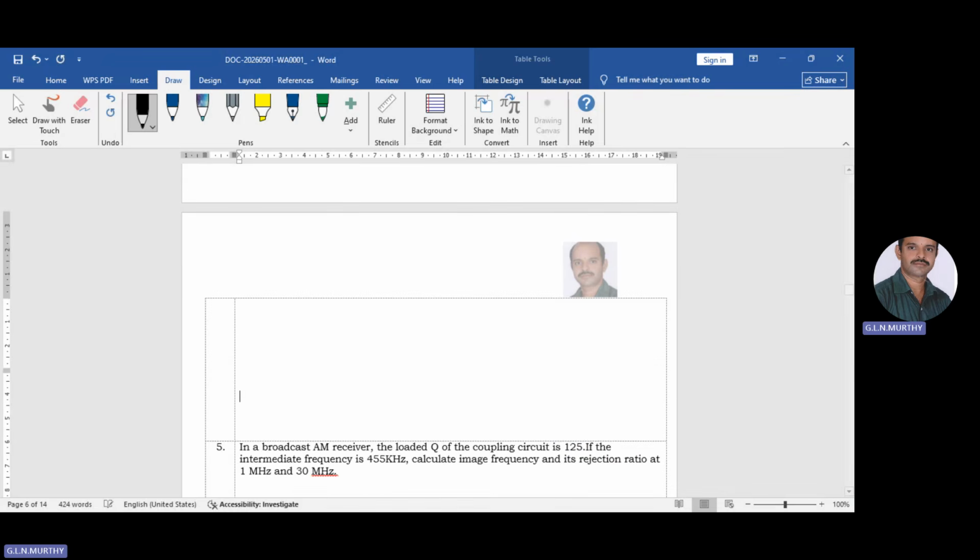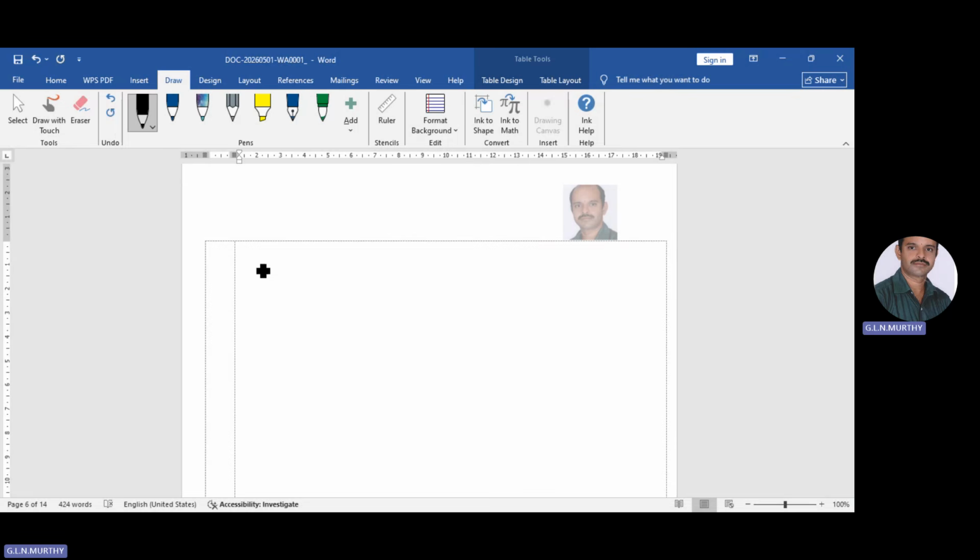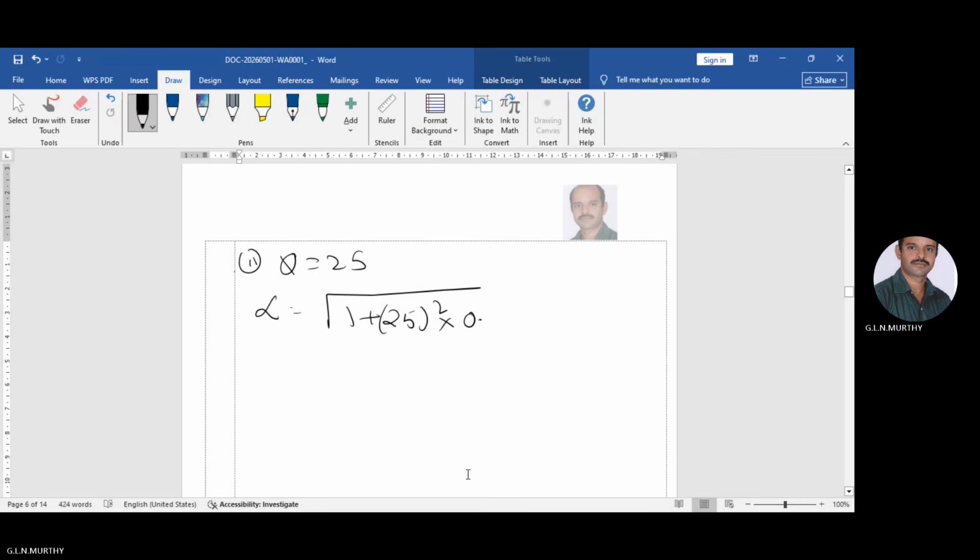Case 2, the Q value is 25, and everything else is the same. So alpha equals root of 1 plus 25 square into 0.39 whole square. How much value of alpha do you get?